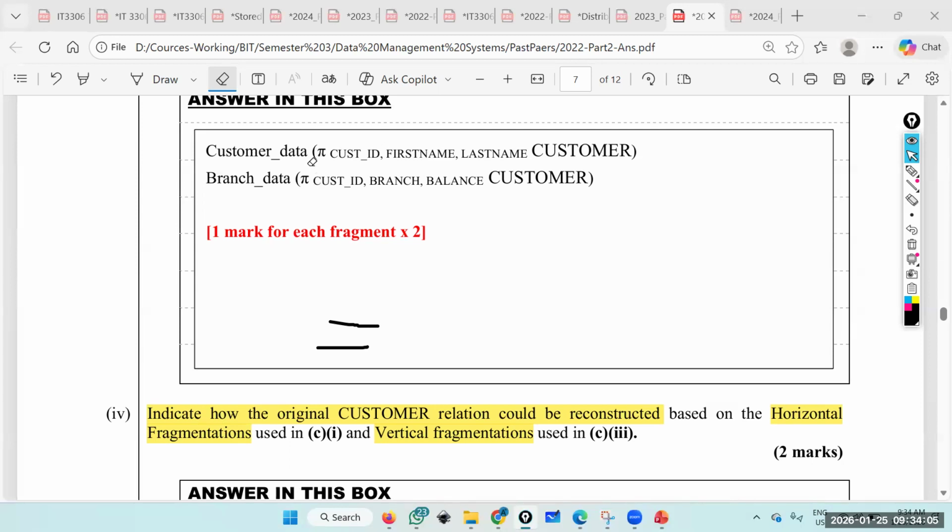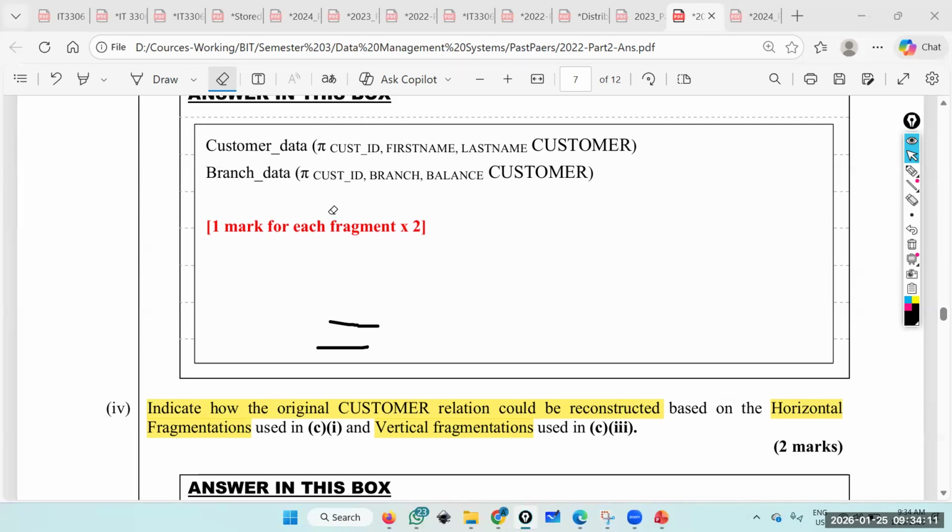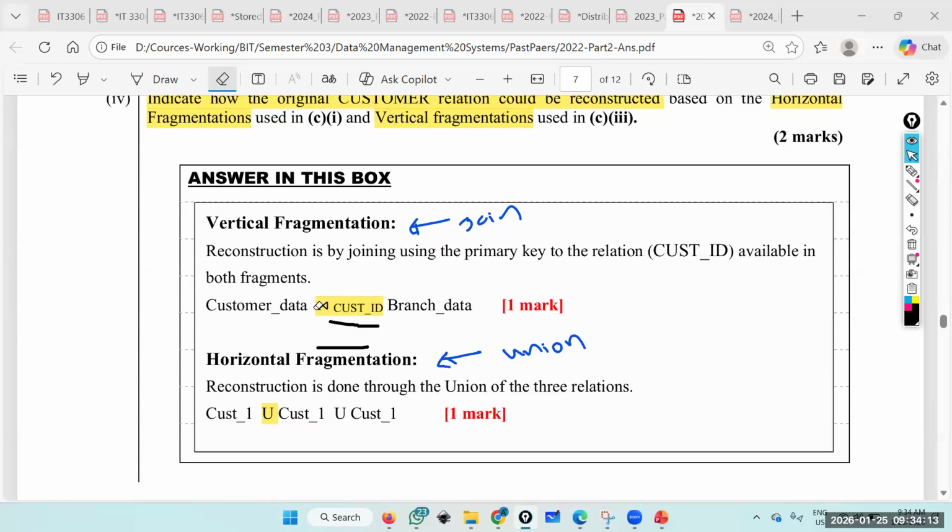Here you need the join, that is why you need customer ID. For the previous, you can construct using union, because you have three sites: union, union again. So the idea is vertical fragmentation reconstruction is a join, horizontal fragmentation reconstruction is unions. That is the theory.